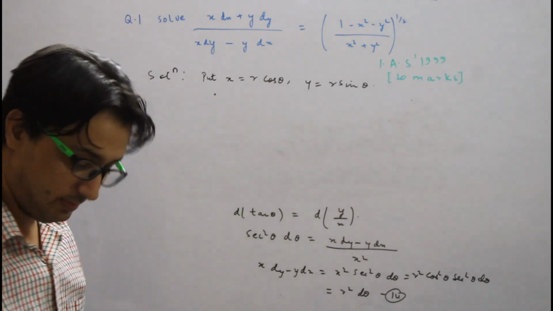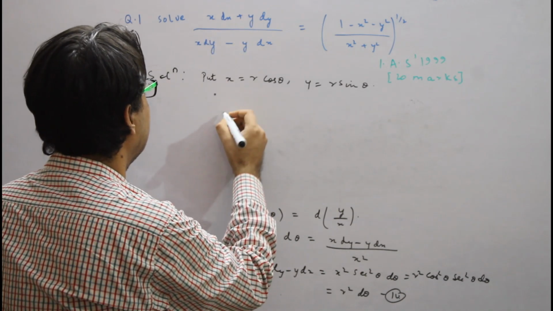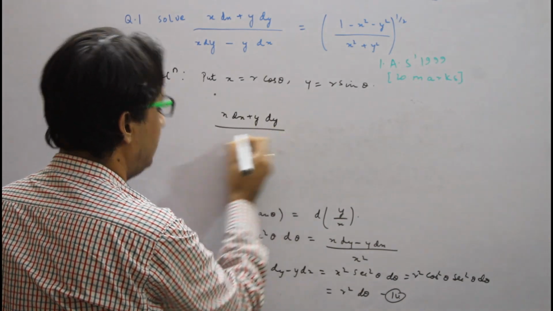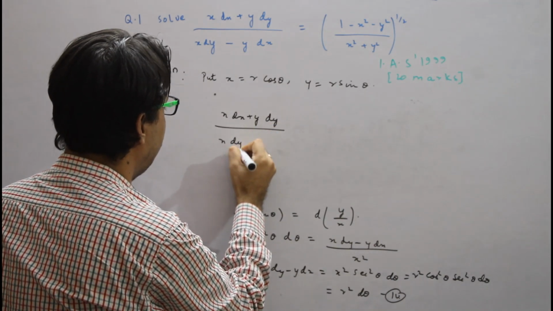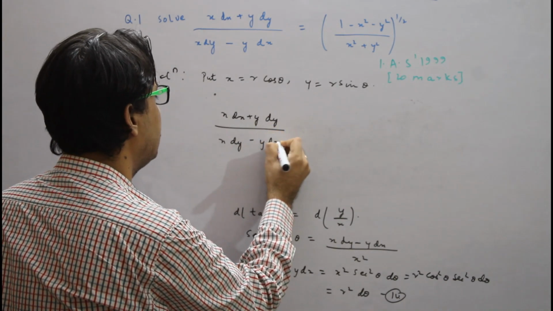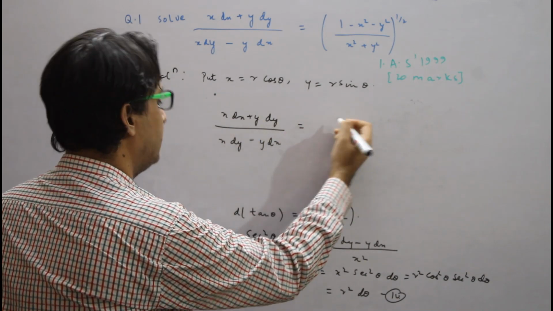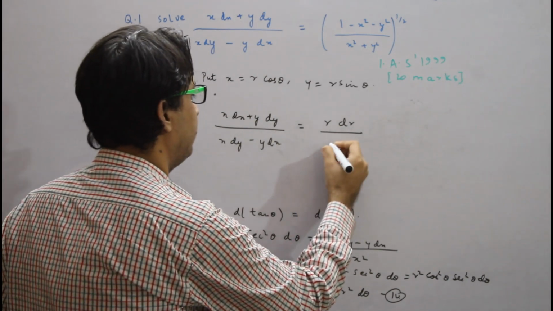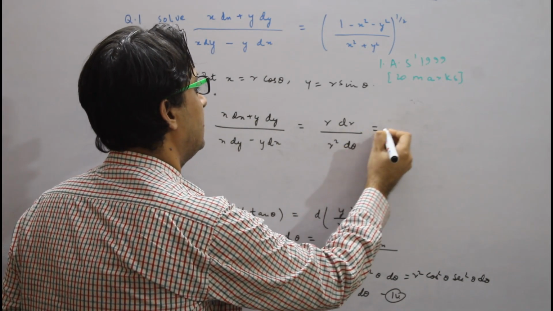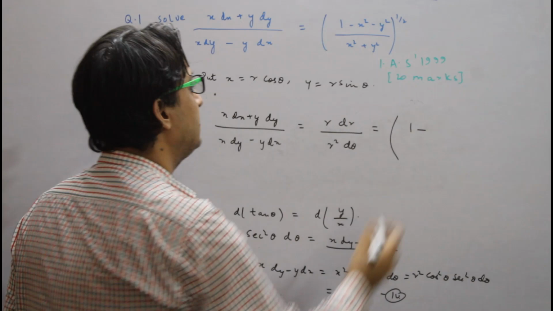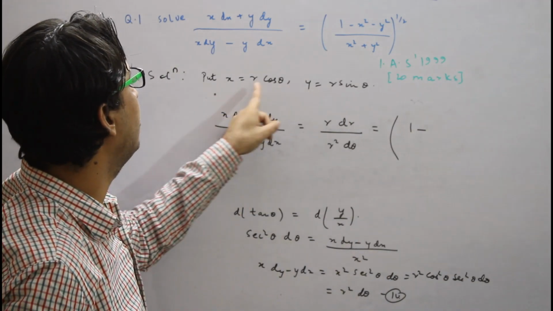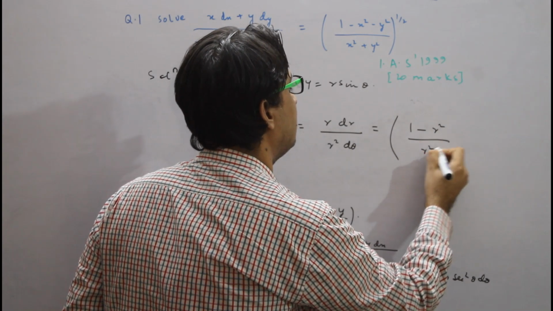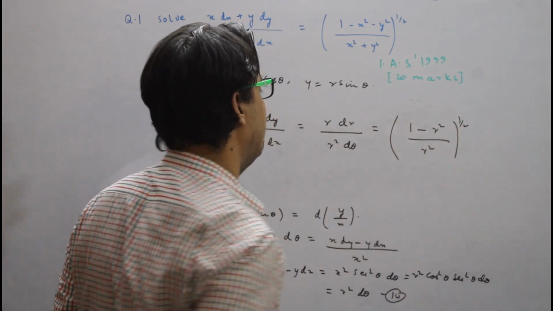So here, as I have rubbed it, I can write x dx plus y dy divided by x dy minus y dx is equal to, this was our r dr and this is our r square d theta, and the right side could be written as 1 minus, this x square plus y square is equal to r square, so we can put it like this, divided by r square, the whole to the power half.